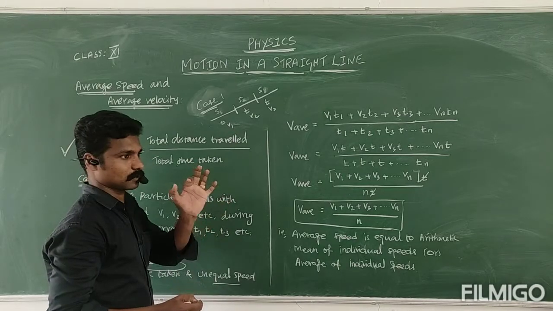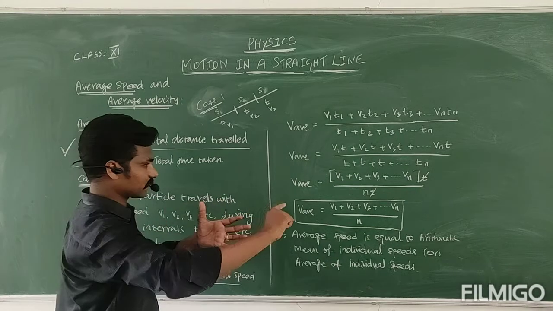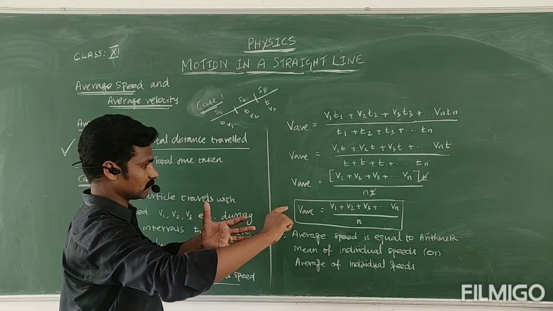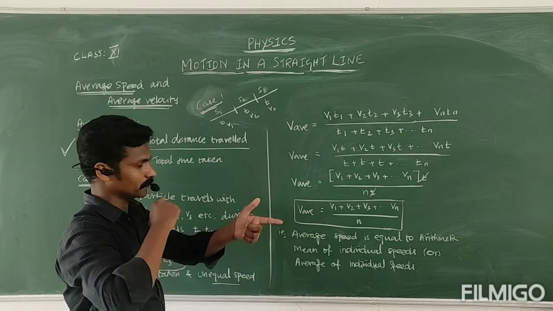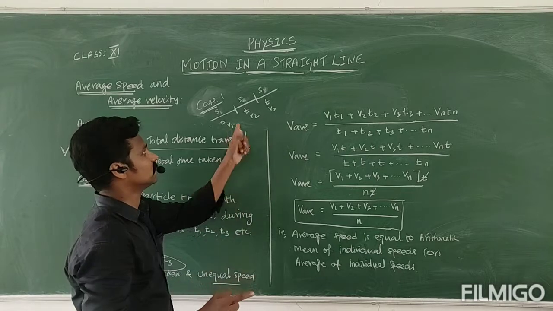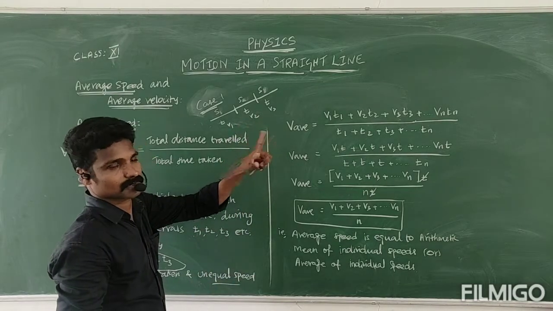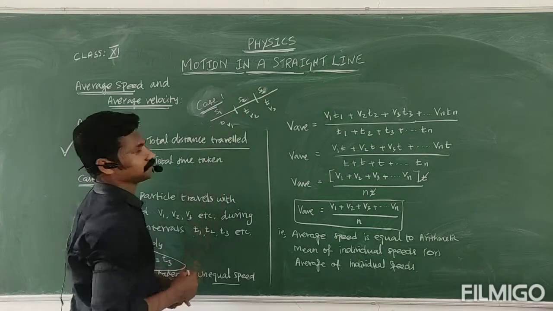Say, for example, 1 minute time at 50 km speed, next 1 minute time at 2 km speed. So the speed will change, so the distance will also change. So S1, S2 and S3.